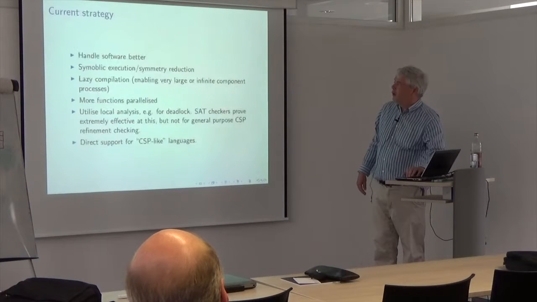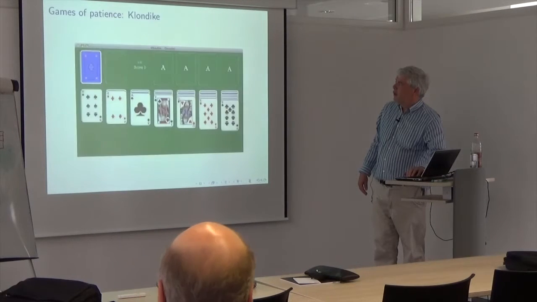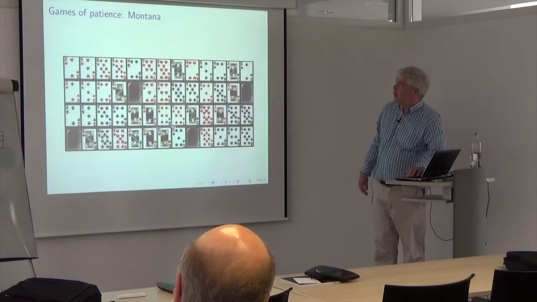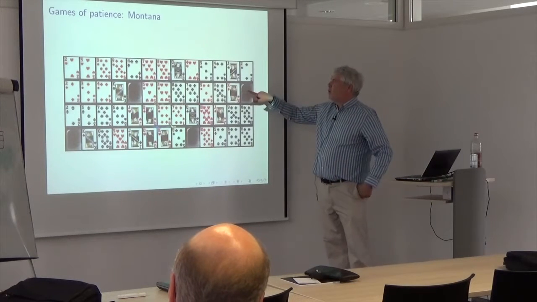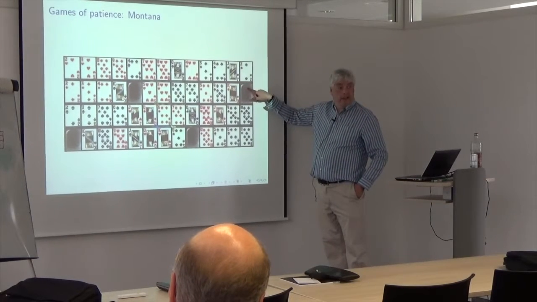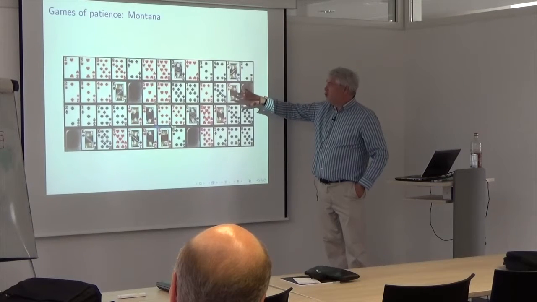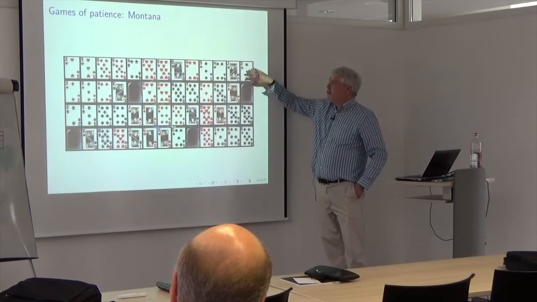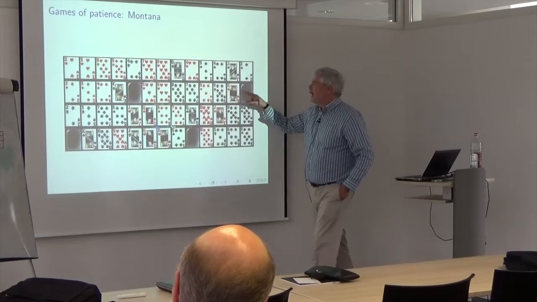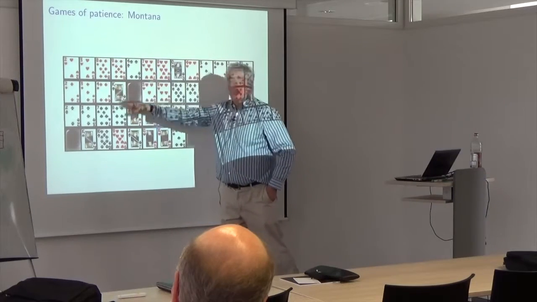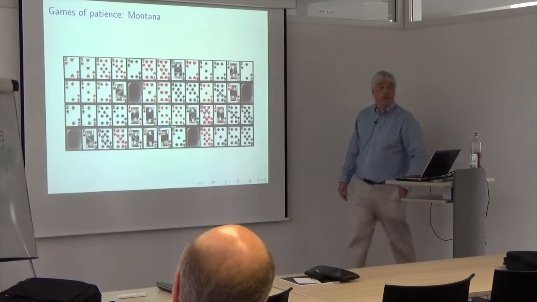Hang on, I've gone back through it without even seeing it. You get stuck in Montana when all your spaces follow kings, like this. Because there's nothing which follows a king. So as soon as all 4 spaces follow kings like that one and that one do, you can't do any more, and the game's come to an end.